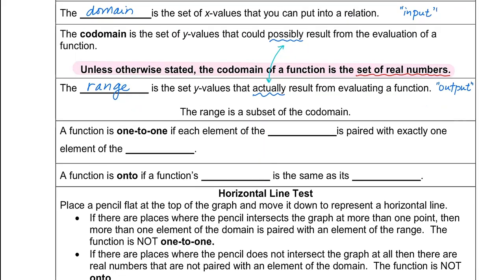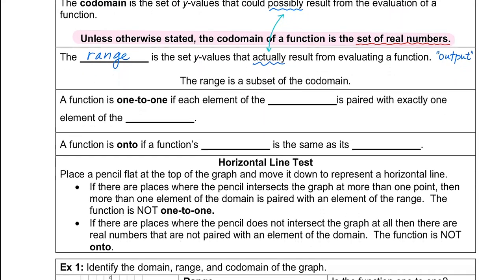The range is a subset of the codomain. Subset just means that the numbers of the range are found in the codomain. The codomain is usually larger, and a subset of those numbers would be the range, but sometimes the range and the codomain can be exactly the same.